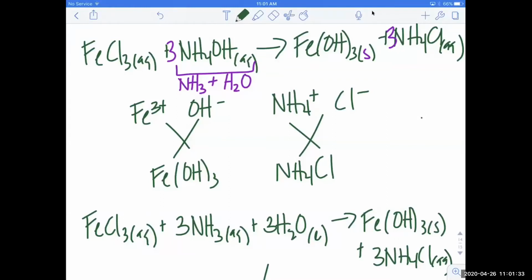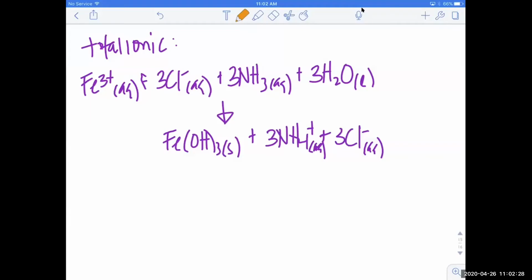So just take a second and make sure you have this all written down with all the different phases, and then we'll move on to the total ionic. So remember, for the total ionic, we have to split up everything that's aqueous. We can't split up water. We had originally had this as our 3NH4OH, but remember that we have to put it back into what was being added into solution.